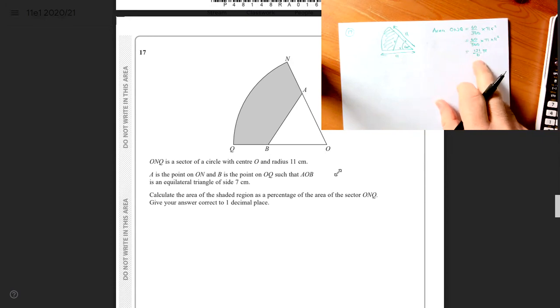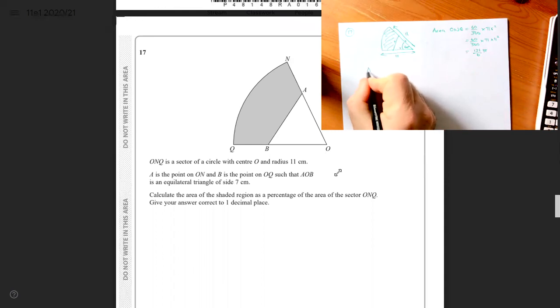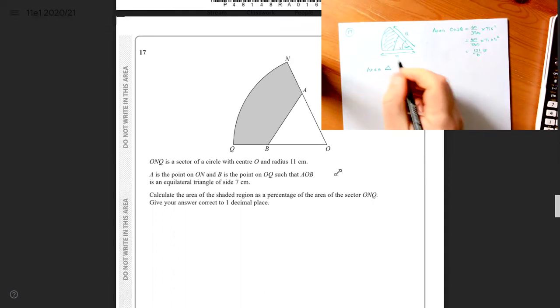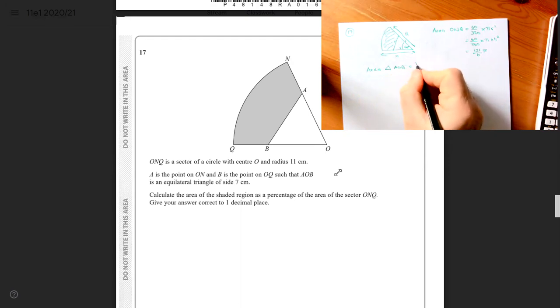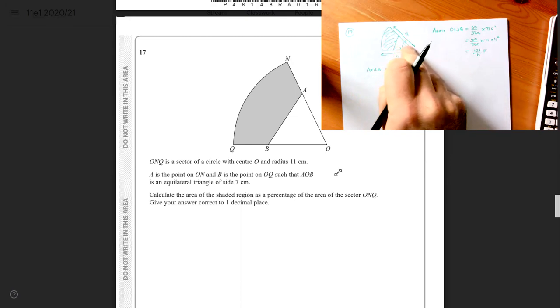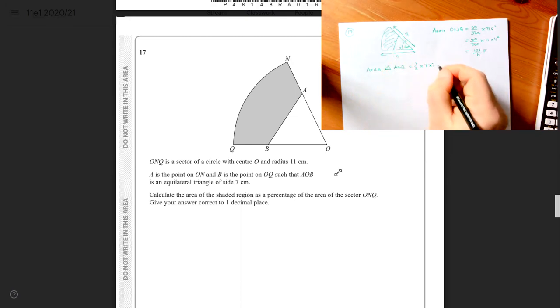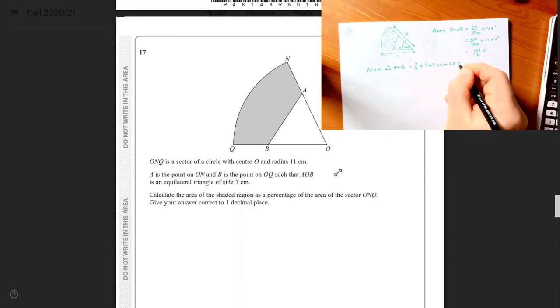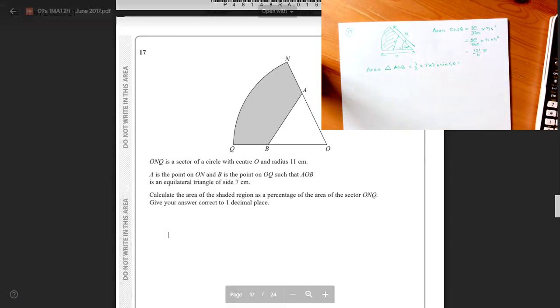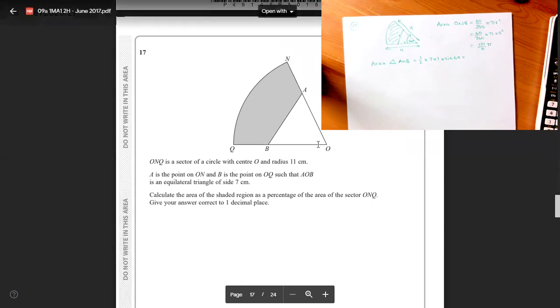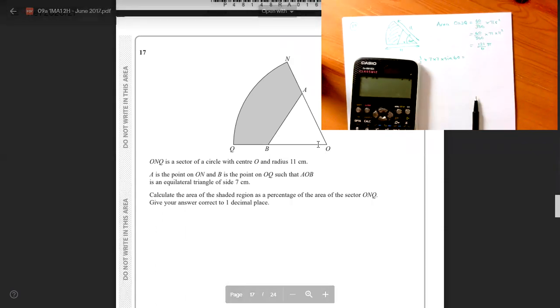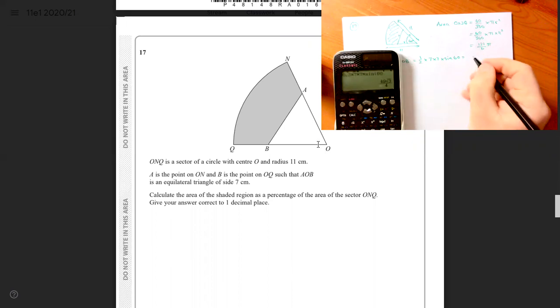Okay, so area of triangle AOB is a half times side times side times sin of the angle between them, so 0.5 times 7 times 7 times sin 60, which equals 49 root 3 over 4.